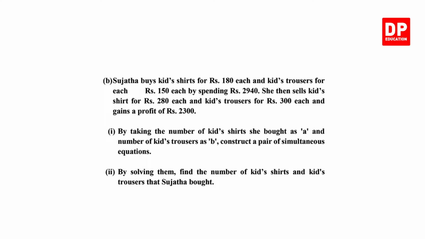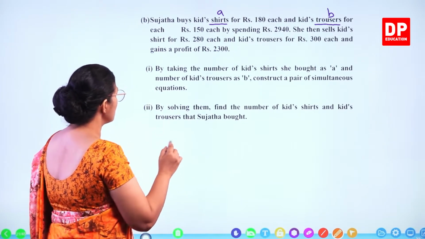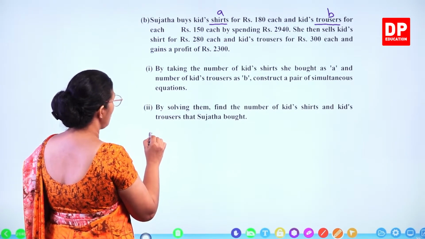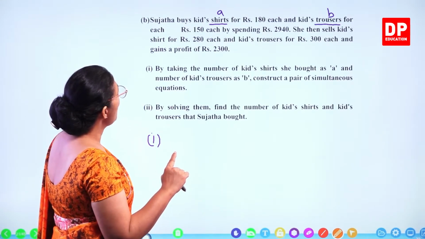By taking the number of kids' shirts she bought as A, and trousers as B, construct a pair of simultaneous equations. Then you have to solve. So let's read it and write down the 2 equations.